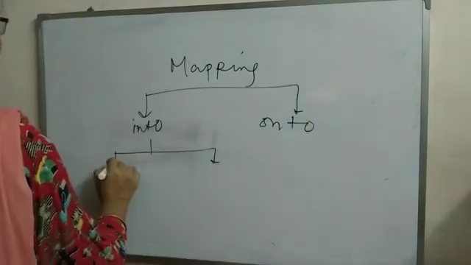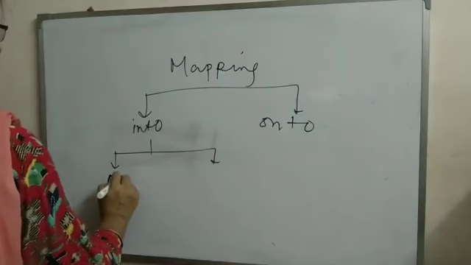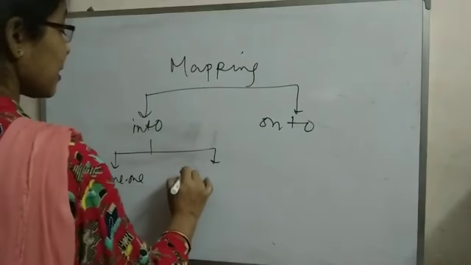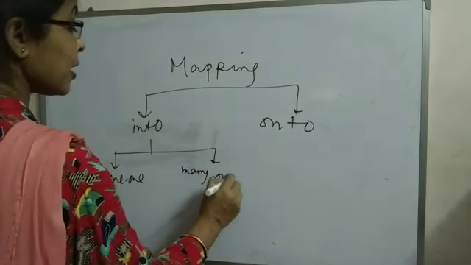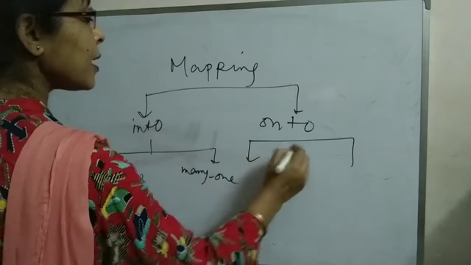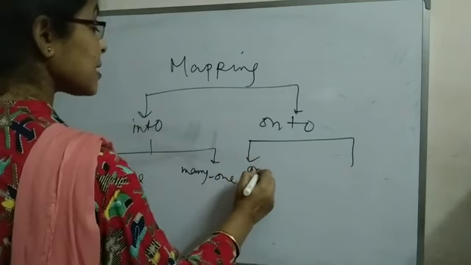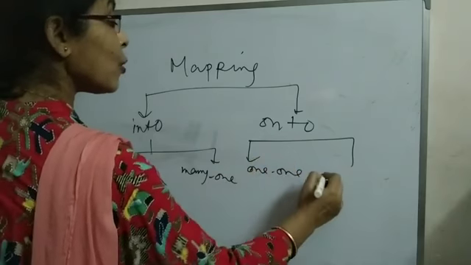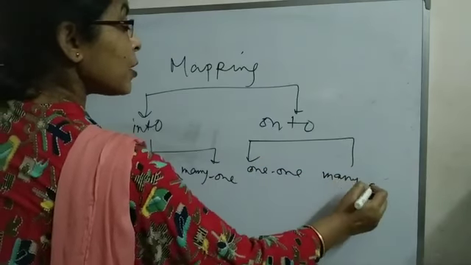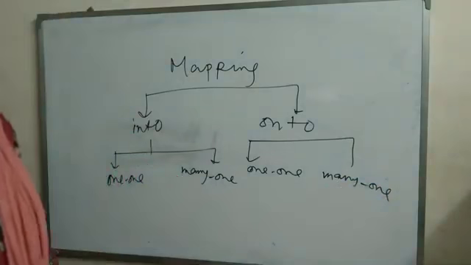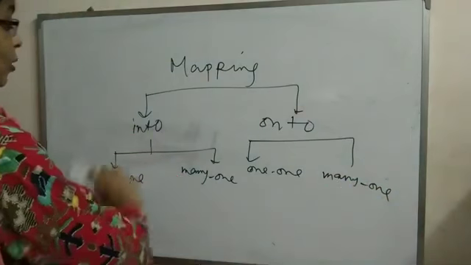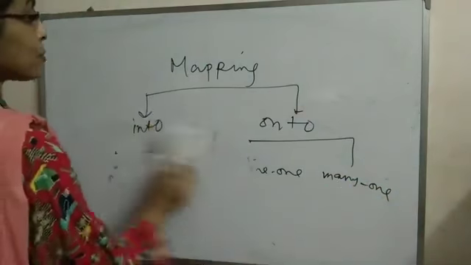Into mapping is of two types: one-one into mapping and many-one into mapping. Onto mapping also has two types: one-one onto and many-one onto. What is one-one into and what is many-one into?